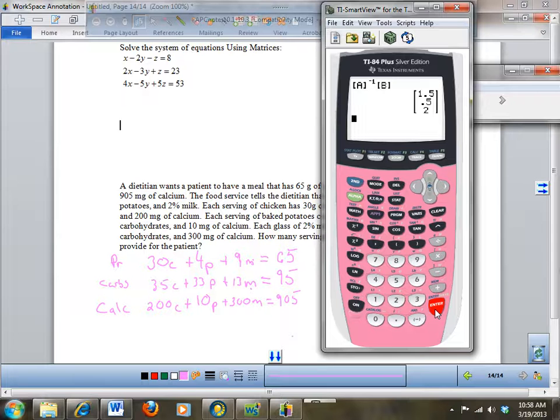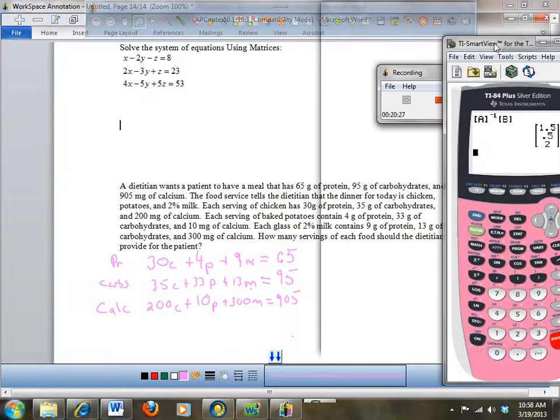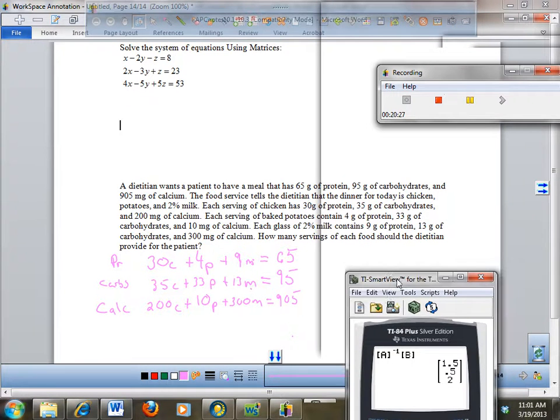I hit enter and I get a nice answer. So what this means is A, B, and C, in other words C, P, and M. I want to take 1.5 of chicken, 0.5 of potatoes, and 2 of milk to make my meal.